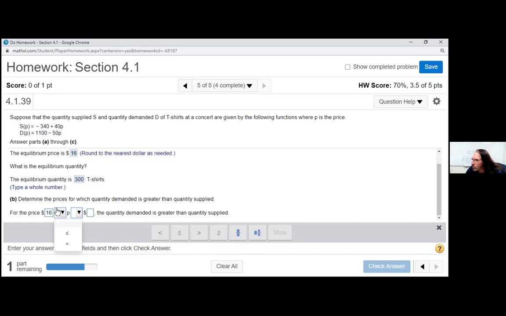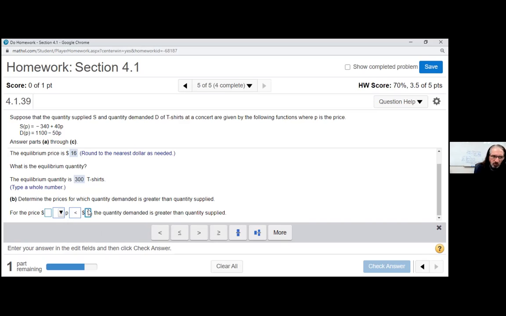All right, I'm going to pause for a moment. Okay, I'm going to try something here. It seems like they have a strange way of letting us choose whether we should have greater than or equal to, less than, or less than or equal to. So I want P to be strictly less than 16 because we wanted quantity demanded to be strictly greater.